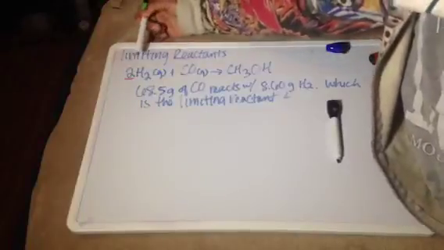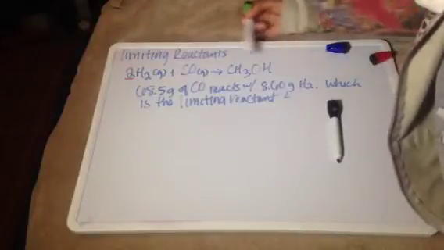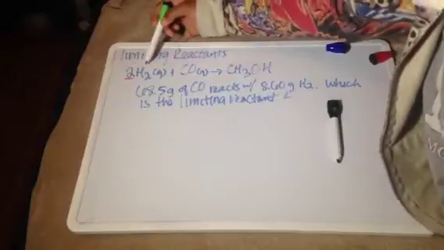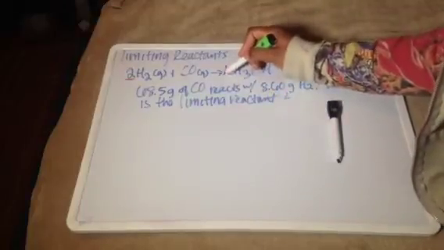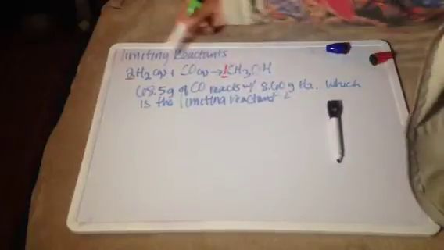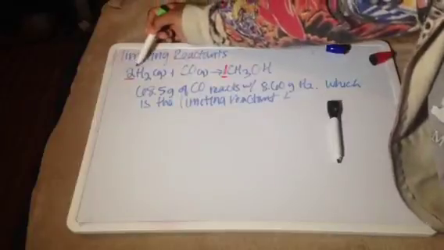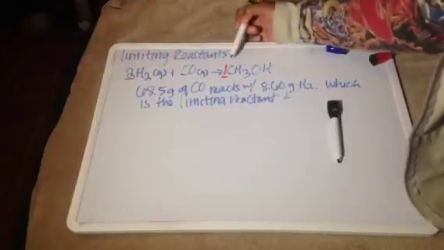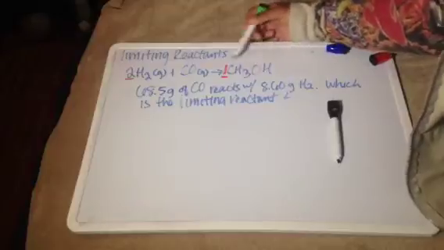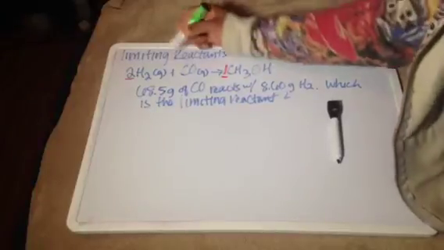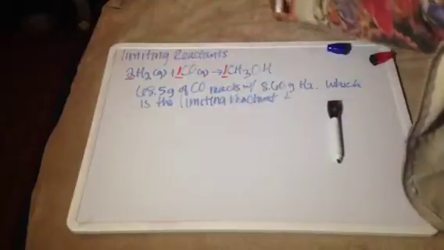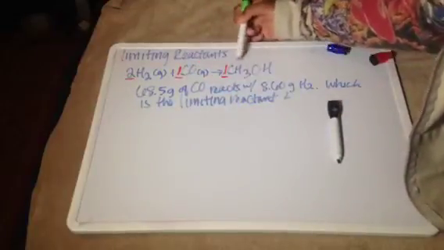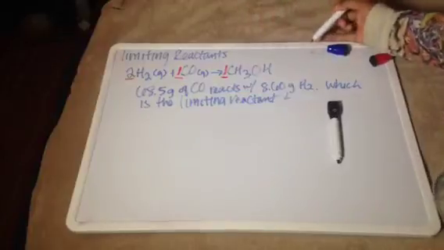What this coefficient translates to in the chemical equation is that 2 moles of hydrogen will produce 1 mole, because we know that nothing here represents a 1 here. So 2 moles of hydrogen will produce 1 mole of CH3OH. And 1 mole of carbon monoxide will produce 1 mole of CH3OH.